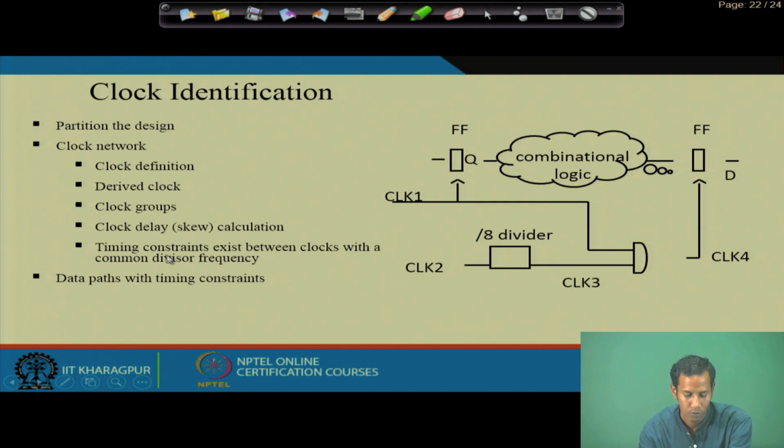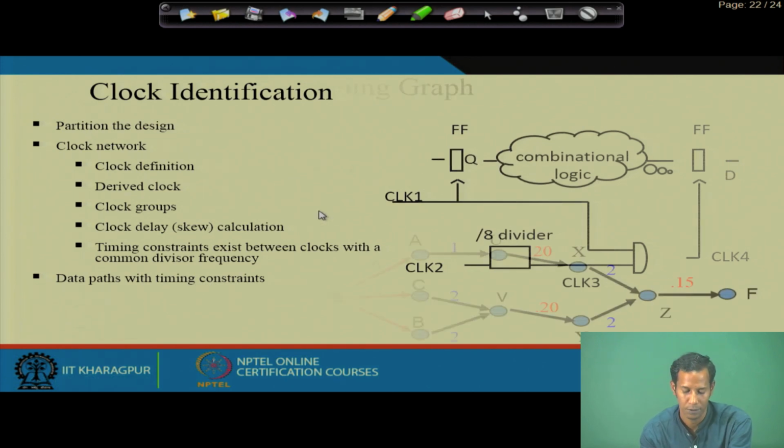Then we have timing constraints between the clocks with a common divisor frequency, which is the clock divider operation. Then the data path should be constrained depending on the timing constraints we have calculated.